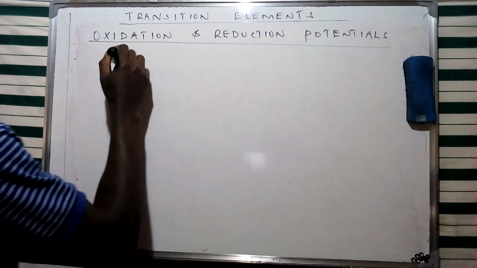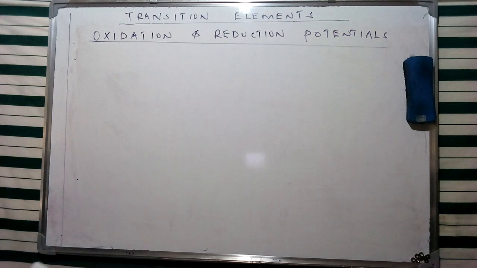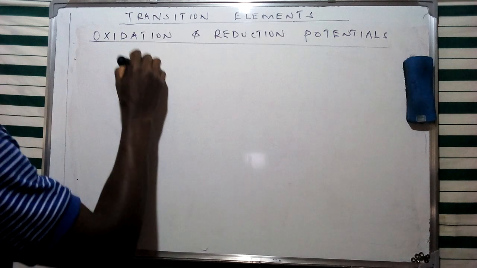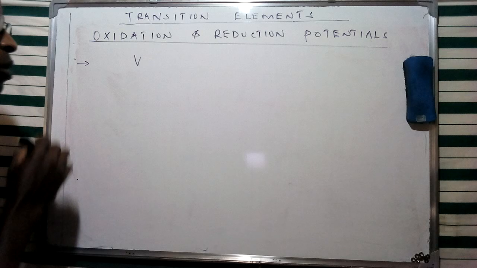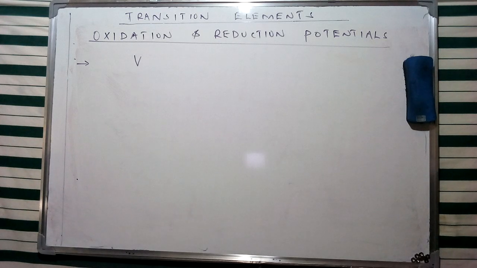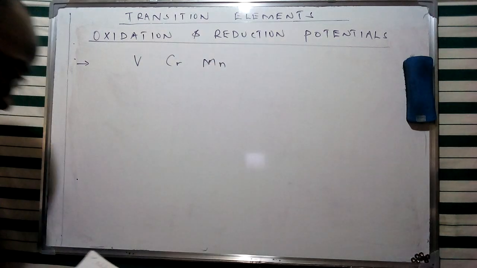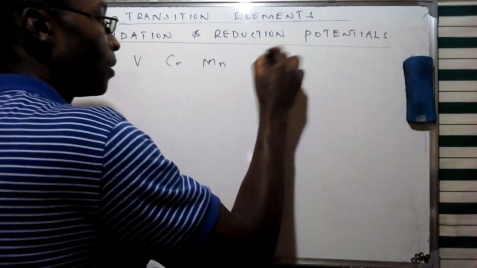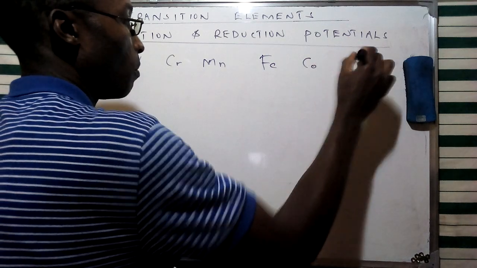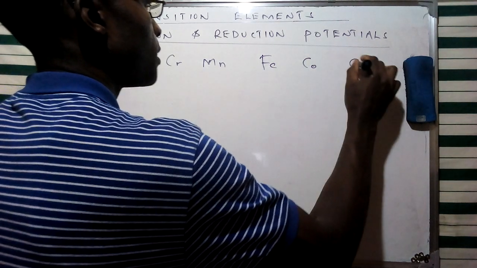So I'm going to give this one using the first series, and it's going to assist us to pinpoint some of the characteristics we are going to witness across the series for the first, the second, and the third series in that particular case. So I've used vanadium and chromium, and we shall have manganese, iron, cobalt, and copper, given in that specific order.